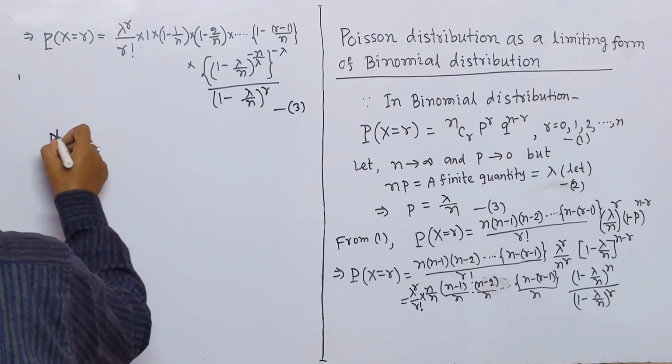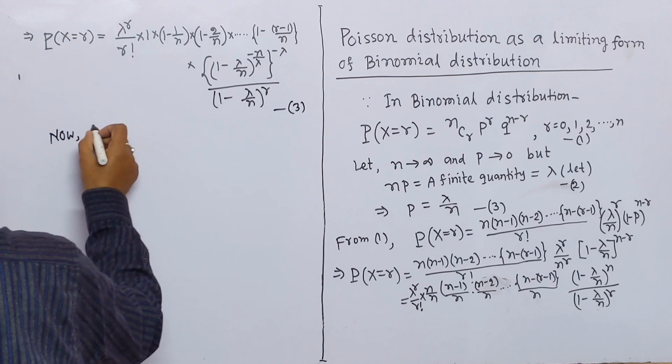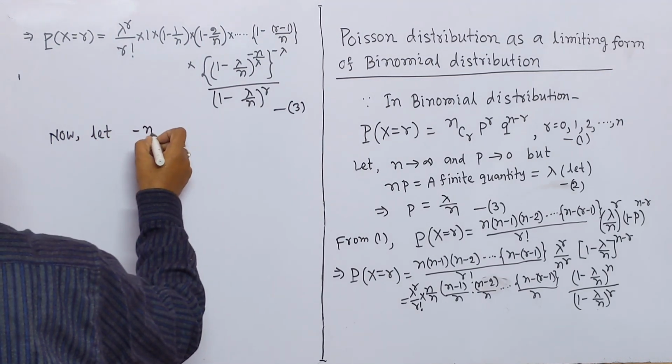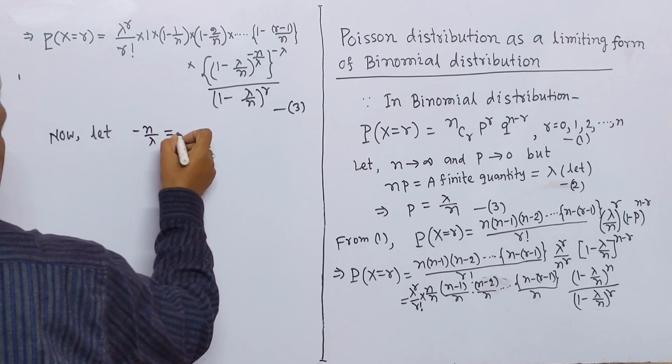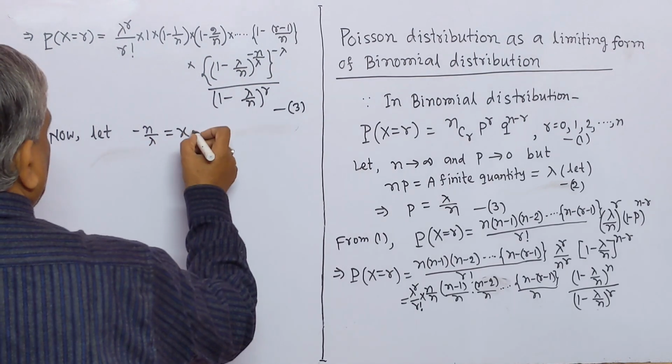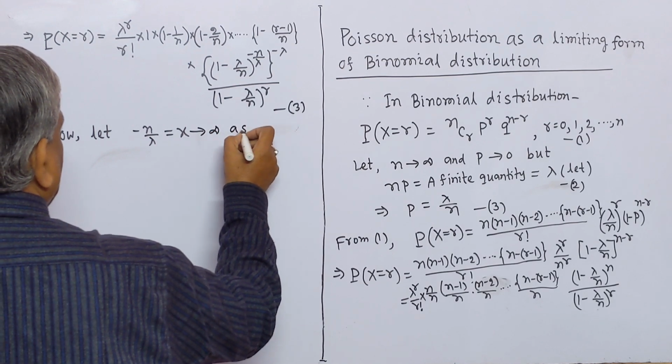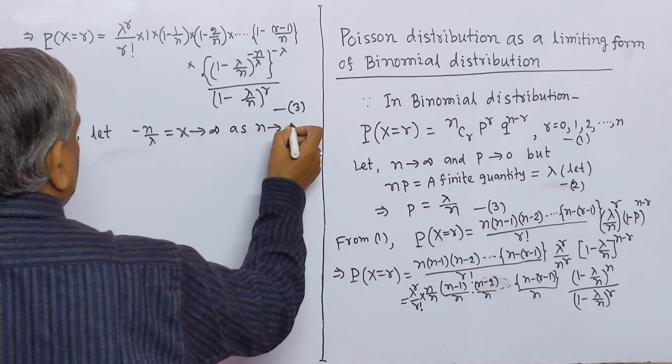Now, let minus n by lambda equal to x, which tends to infinity as n tends to infinity.